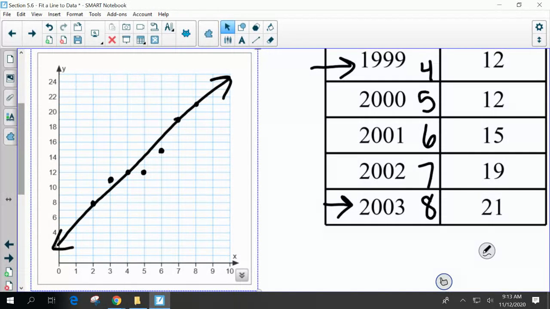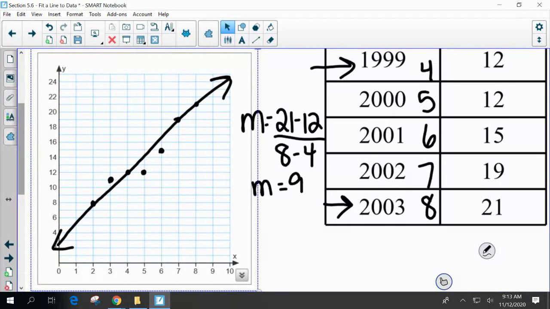So I would do 21 minus 12 over 8 minus 4. So that'd be 9/4. 8 minus 4? Yep. There you go. Okay, so then I need to find the intercept.